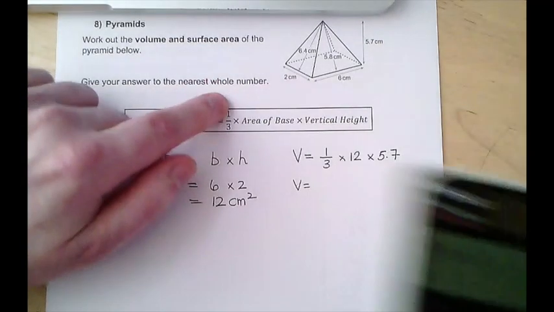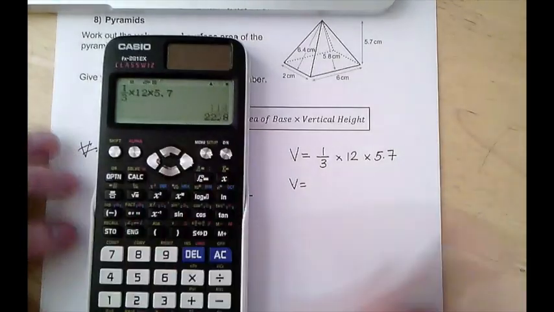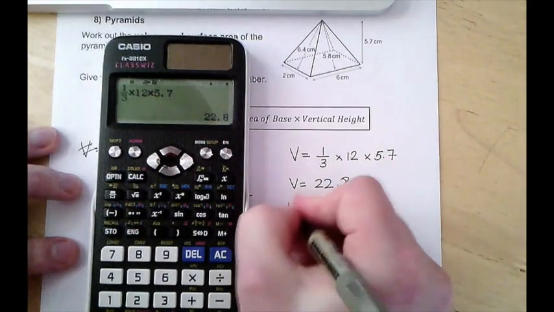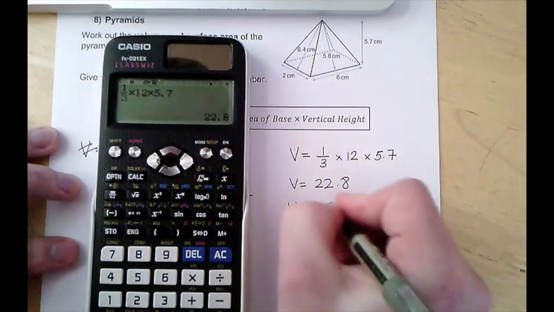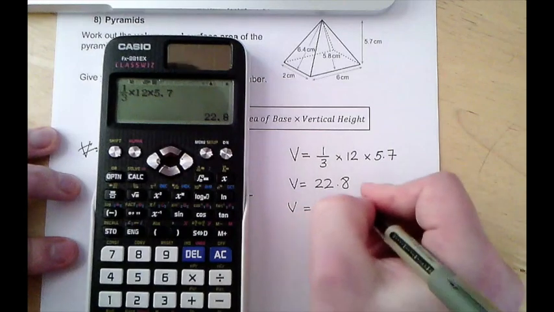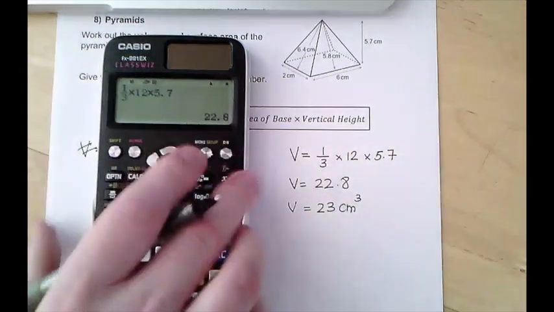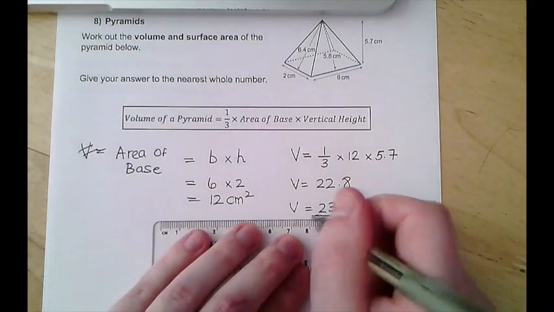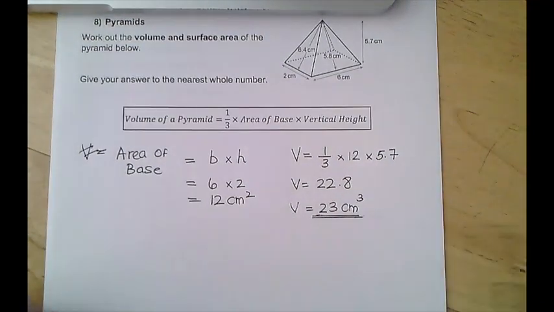Give your answer to the nearest whole number. So that is 22.8, which to the nearest whole number is 23 centimetres cubed, because it's a volume. That's a slightly easier part.